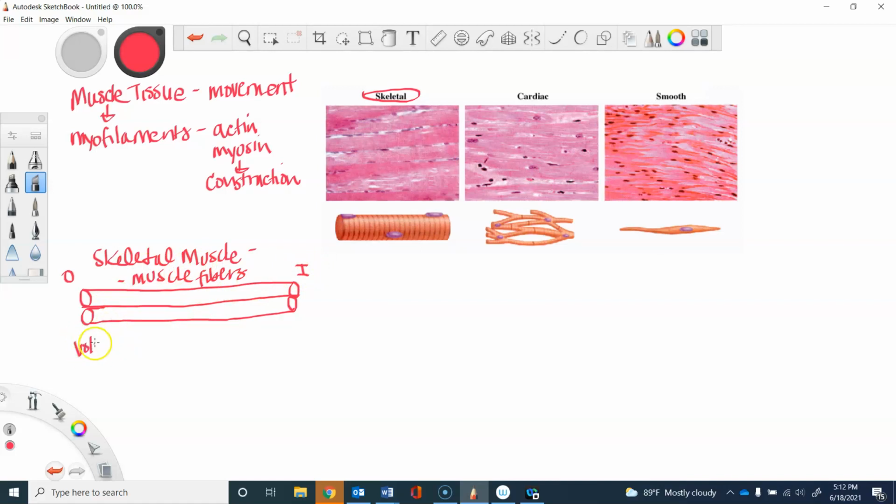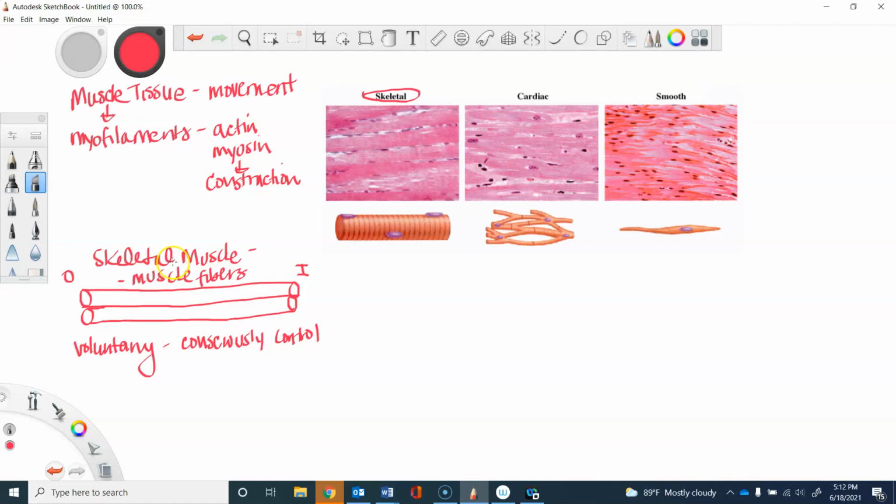Skeletal muscle is voluntary. So these are going to be your muscles on your arms, on your legs, just any muscle that you can consciously control. That's what we mean by voluntary.